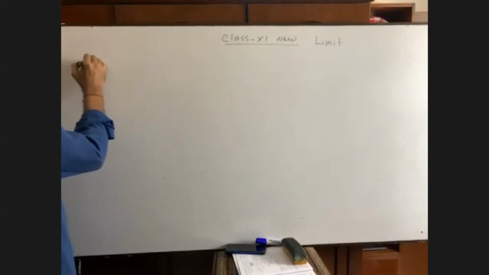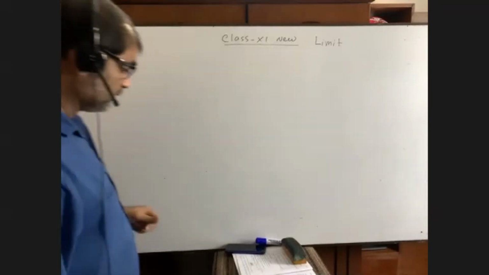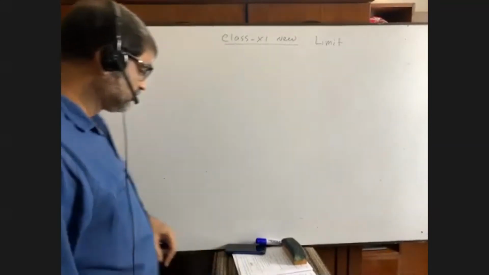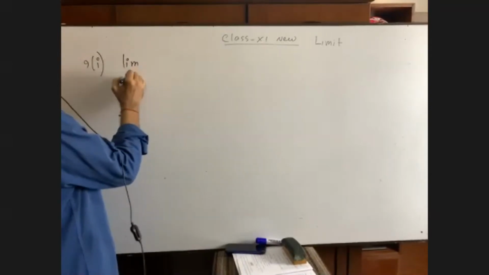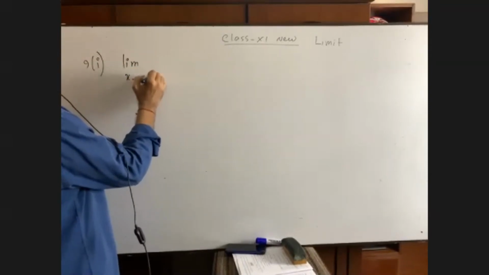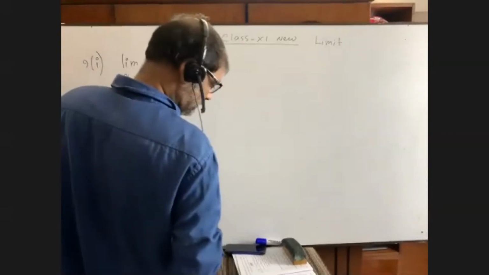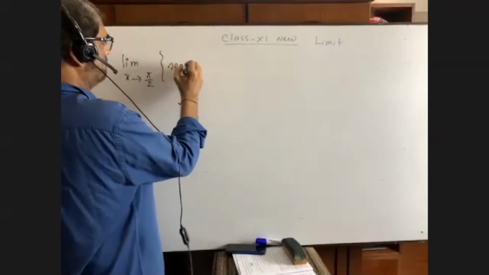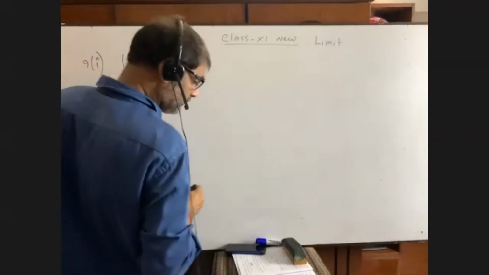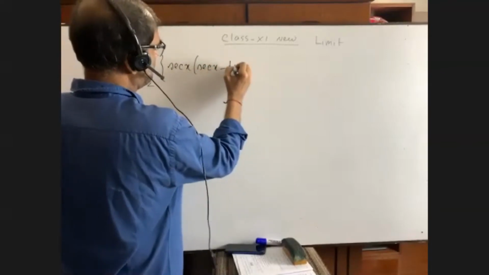Question number 9.1. You see, limit x tends to pi by 2 of sec x minus tan x.